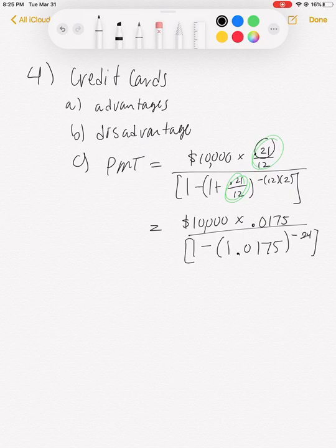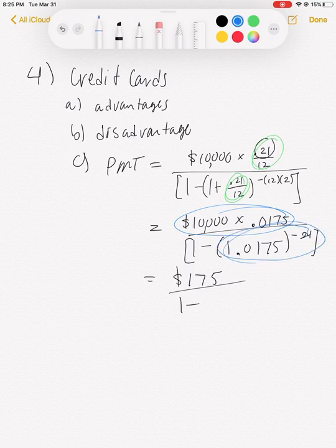Okay, so that's not too bad. Okay, and then I'm going to do this now, right here at the top. The numerator, when I multiply those together, I get 175. Keep my units. 1 minus, now this part right here is my next calculation, an exponent. And when I do that number to the negative 24, I get 0.659.